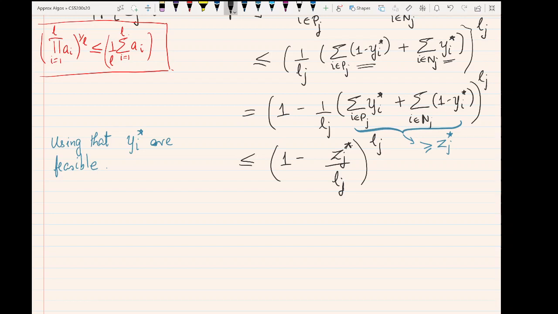Okay, so this was the probability that Cj is not satisfied, which means that the probability that Cj is satisfied by this particular assignment is greater than or equal to 1 minus (1 minus zj star by Lj) raised to Lj. Okay.